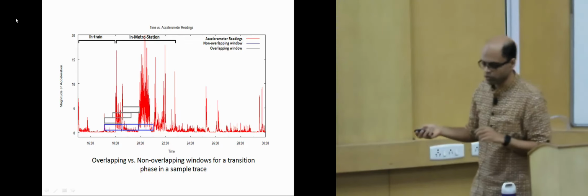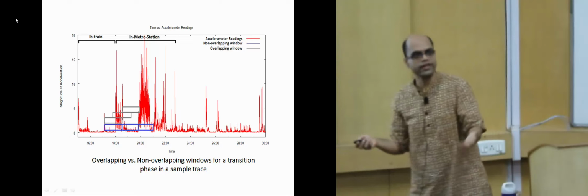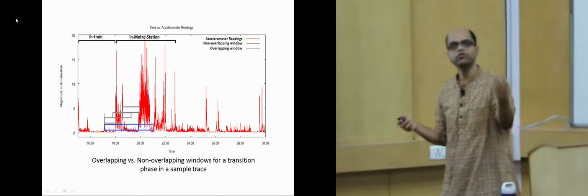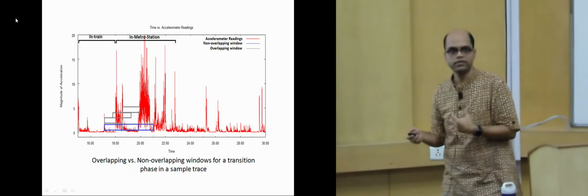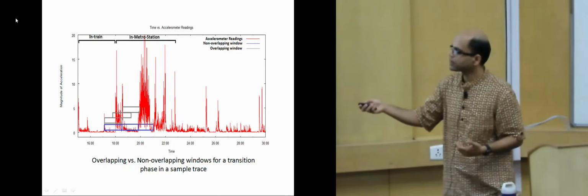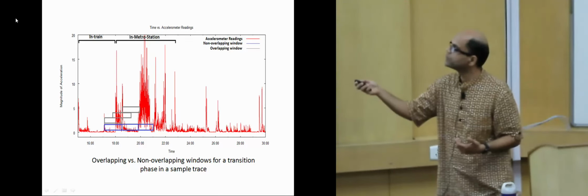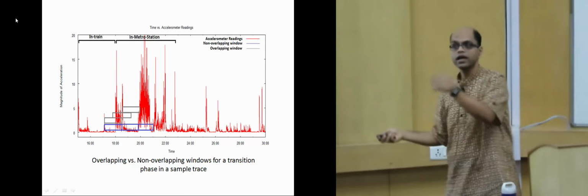Now, how does this play a role? This will create a lot more windows of data, and that has a chance of influencing the model we are going to train in a different way compared to this one. In fact, if you see this gray window, it has some part of data within the train and some part of data in the metro.